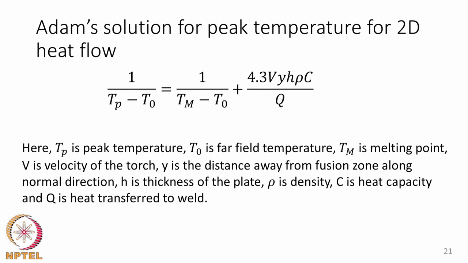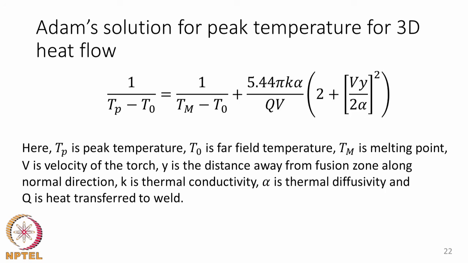This is a solution for 2D, which means that in the depth direction we do not have the information, and the thickness in the depth direction is what is being used as H. Rho is the density, C is the heat capacity, and Q is the amount of heat effectively transferred to the weld plate. Using this expression you can estimate the peak temperature, but this expression will not give you the thermal profile at a depth from the top surface.